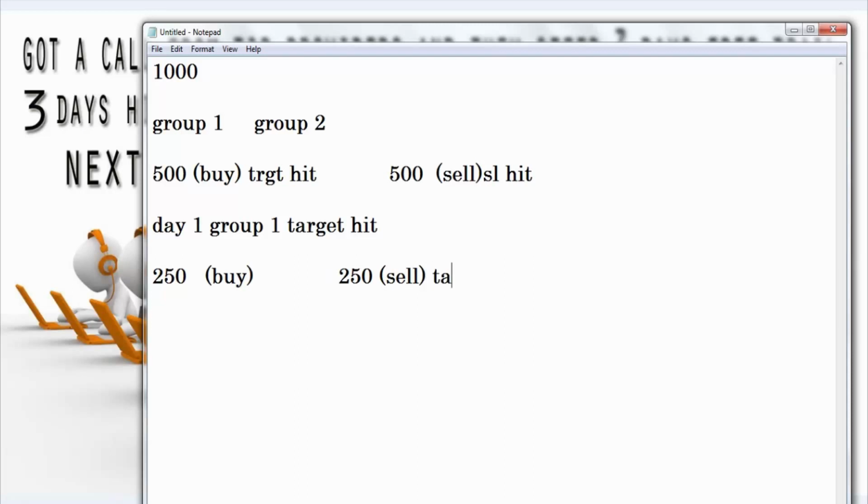That day the sell call's target hit, and the buy call's stop loss hit. So these 250 people got the target hit on the first day and the target hit on the second day.